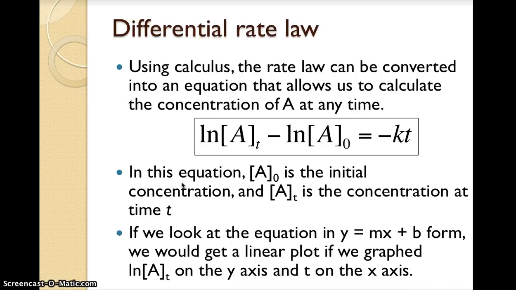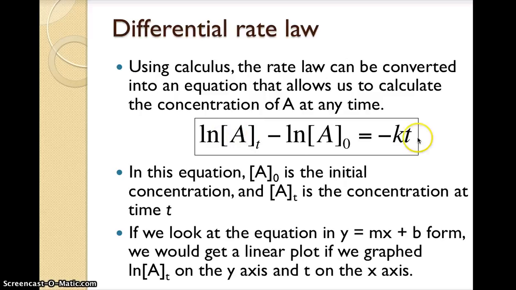Using calculus, you can find the integral of that graph, and people obviously did this and came up with this equation. We notice that we have some natural logs here. And this equation, if we break it down, allows us to calculate the concentration of A at any time during the reaction. So this is saying that the concentration of A at time t, so whatever value for time you're plugging in on this side of the equation, this would be that resulting concentration at that particular time.